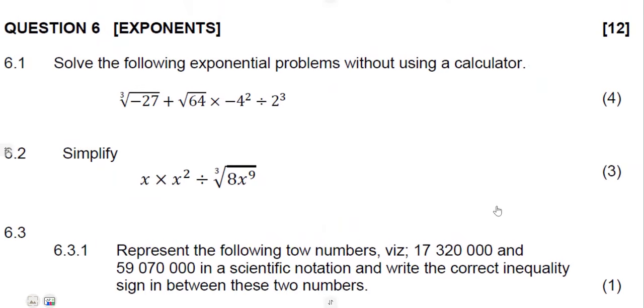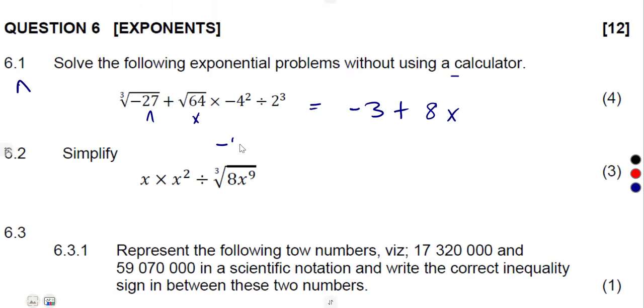On exponents, we are given to simplify or evaluate, solve this without using a calculator. The cube root of -27, we do understand that's a -3, plus the square root of 64, which is 8. Remember, I said you just take positive values. Here, guys, be very careful.